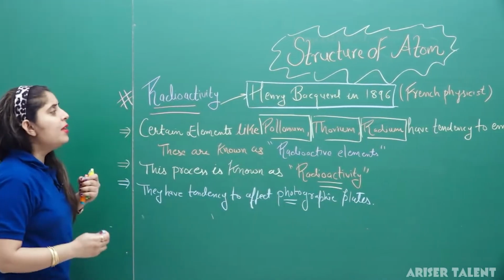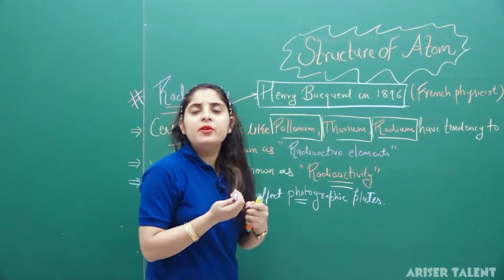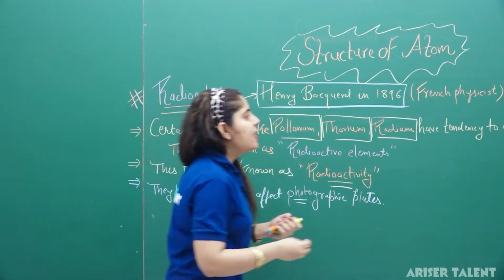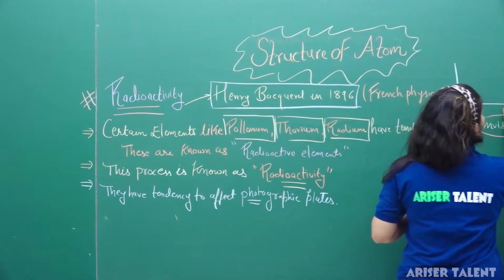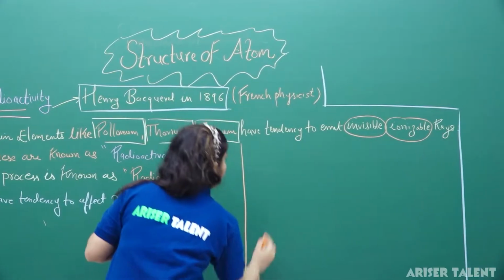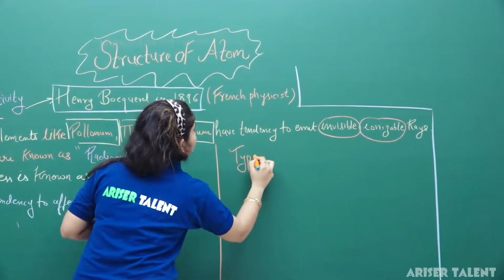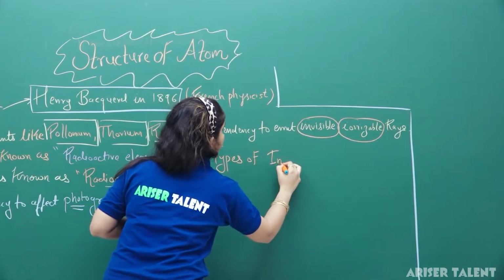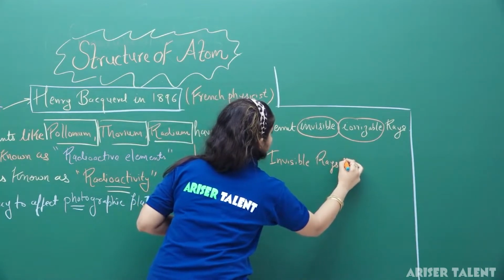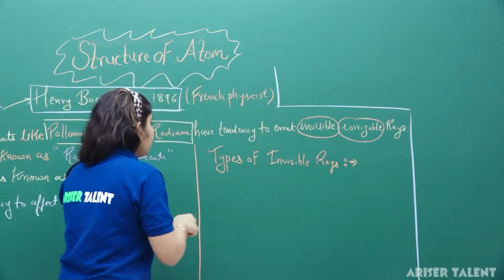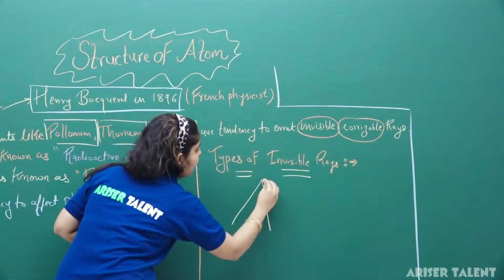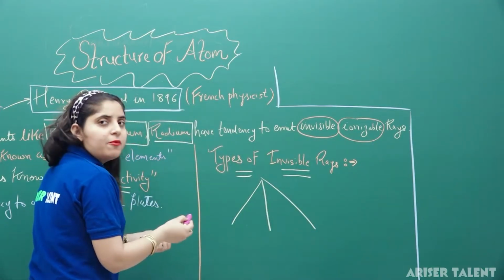Now we will learn what the different types of radioactive emissions are. So now we are with our next topic. What are these types of invisible rays known as? We have three types of invisible rays. These three types of invisible rays are classified into three categories known as alpha, beta and gamma.